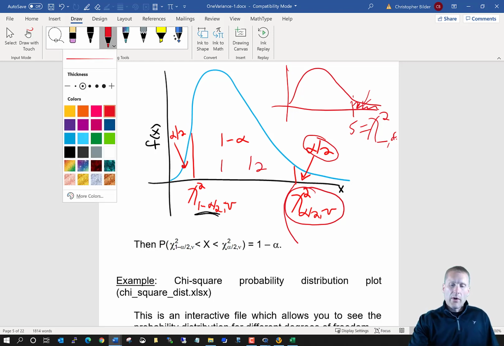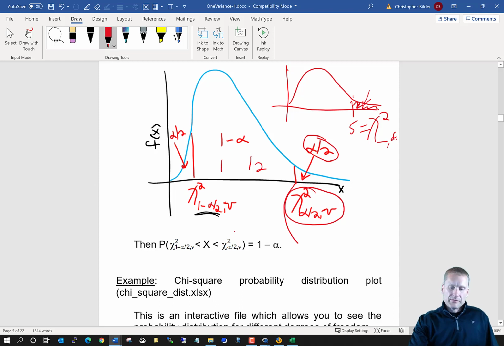And the reason why we want to do this kind of stuff is because, as you might remember from our previous sets of notes, we're always going to be looking at a situation like this where we have this random variable and we're looking at the probability that this random variable is between 2 different quantiles from that distribution, and we want that probability to be 1 minus alpha. More on that very shortly.